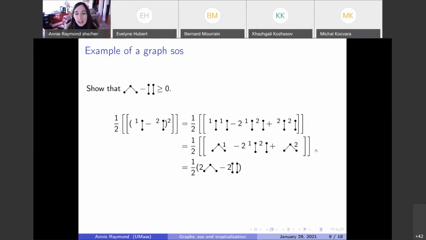And then I symmetrize, which is really the same as unlabeling. So my first and my third term become the same. So I have 2 times my path of length 2 minus 2 times 2 disjoint edges. And so I have 1/2 of that. And so it gives me exactly a path of length 2 minus 2 disjoint edges. So this is a sum of squares proof.